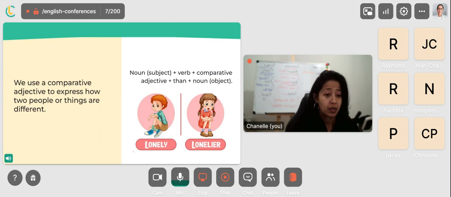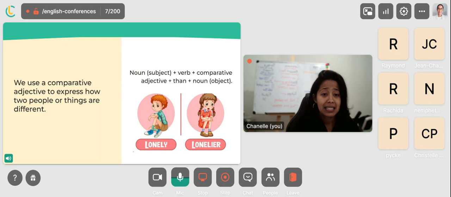And generally, when you want to compare something in English, you will use a noun, or what we call a subject, plus a verb and then the comparative, or the adjective, plus then the noun.